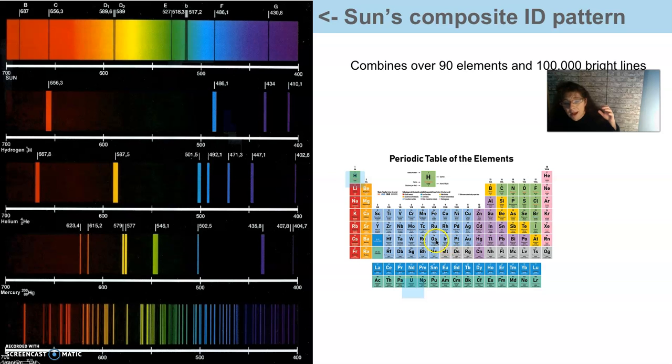The bigger elements are not possible to be made by the sun, as we've discussed. The sun has over 100,000 of these lines because it has so many elements, and some of these elements have so many lines. So the sun's spectrum, as it comes in, looks basically continuous because there are so many lines in there.